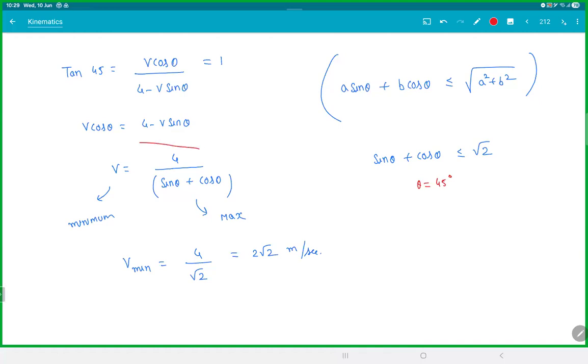Clear with this? So what is this thing actually? This is the speed for different angles. When we got v is equal to 4 by sin theta plus cos theta, this quantity is the speed of the boy for different angles. If he goes with different angles, let's say he decides he wants to go with 30 degrees, you should go with this speed to be safe.